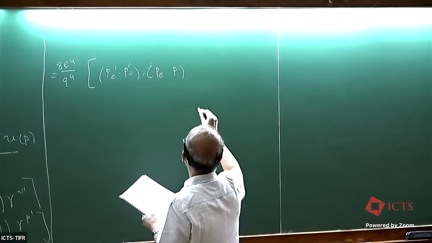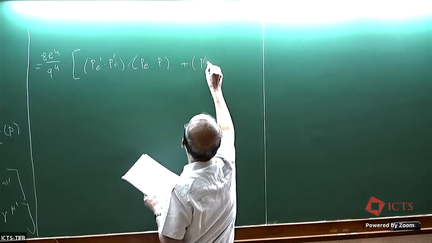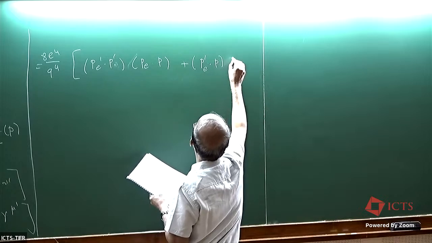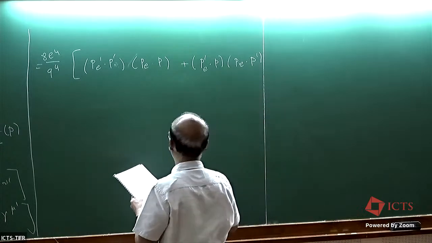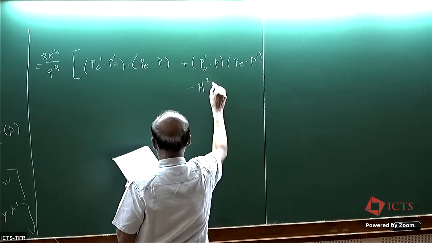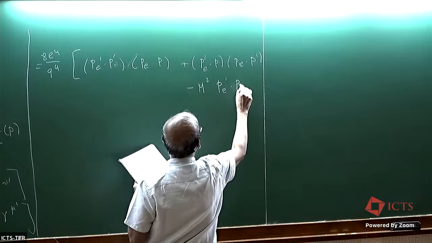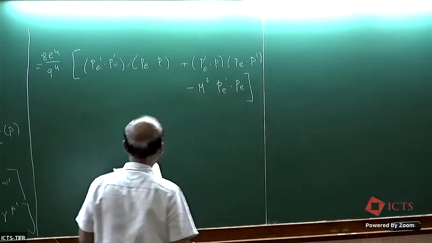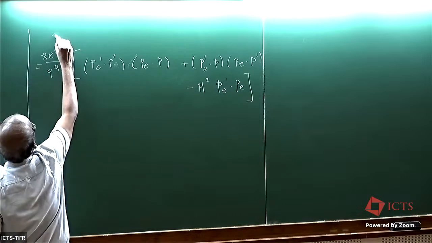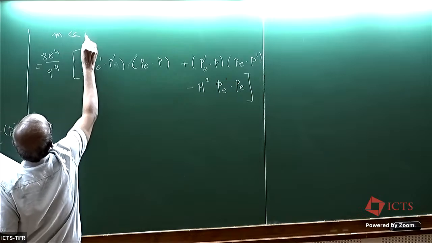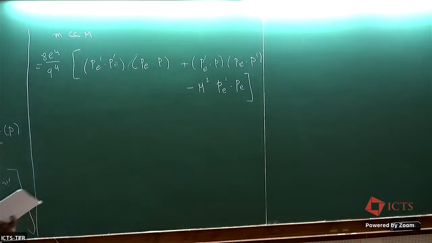These two dot products plus some cross terms, minus m square. You might have noticed that I have dropped the electron mass, because I assume this is indeed true, about a couple of thousand times smaller.